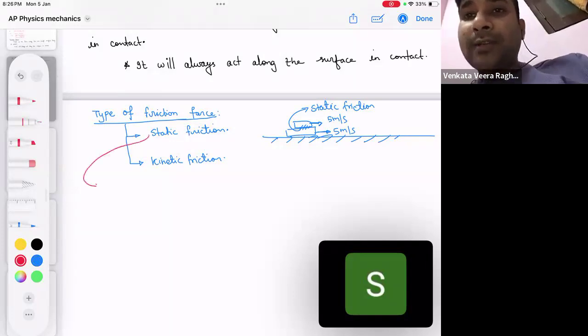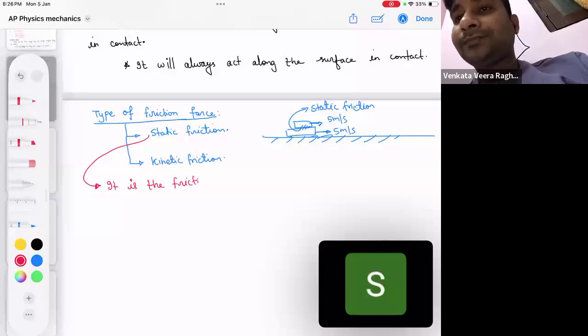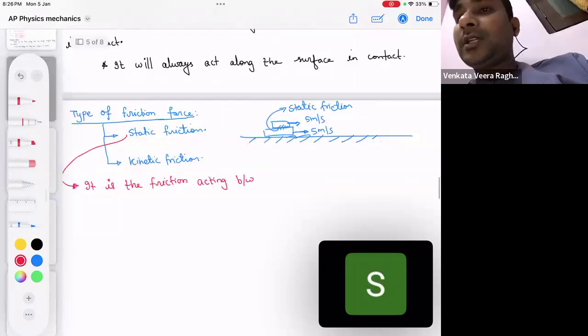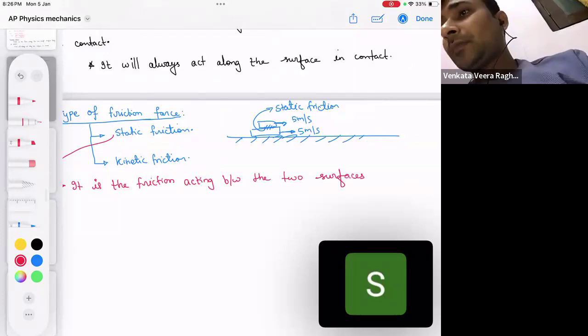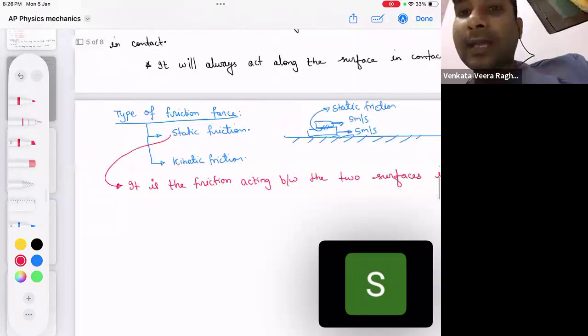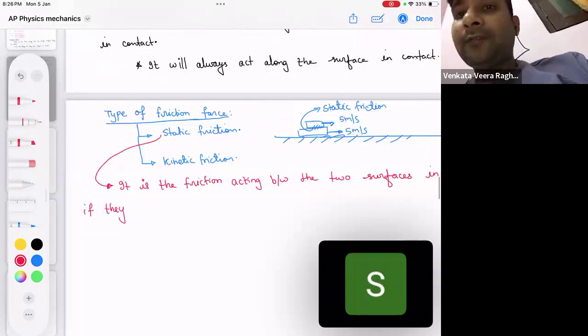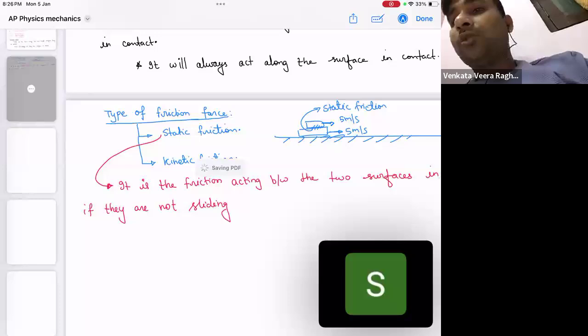So, static friction is the friction acting between the two surfaces in contact, if they are not sliding over each other. Clear?